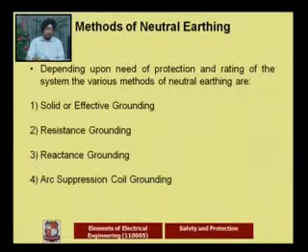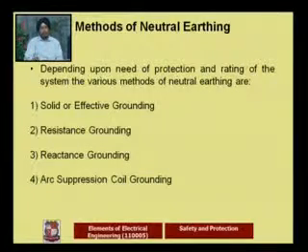Methods of the neutral grounding. Depending on the protection and the rating of the system in which we are going to do this earthing, there are different categories of neutral earthing. We are not going to go deep into that one, but let's go through the names. The first is solid or effective grounding, meaning a simple wire of particular gauge as per the rating of the system is going to ground it.